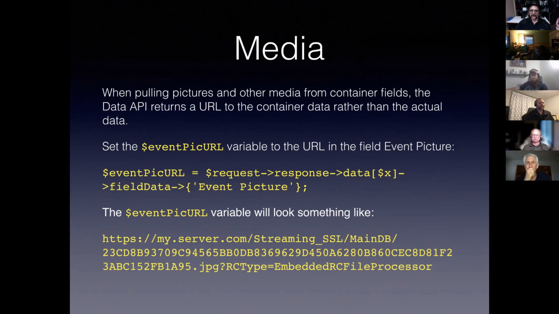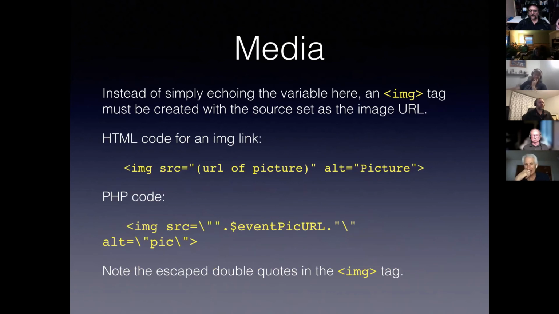So in this particular case, the event picture is the container field that has the picture. And when I call that, it sends me back a URL, the streaming SSL main DB, yada, yada, yada. So Tim knows what we have to do with that. Image source, URL a picture.